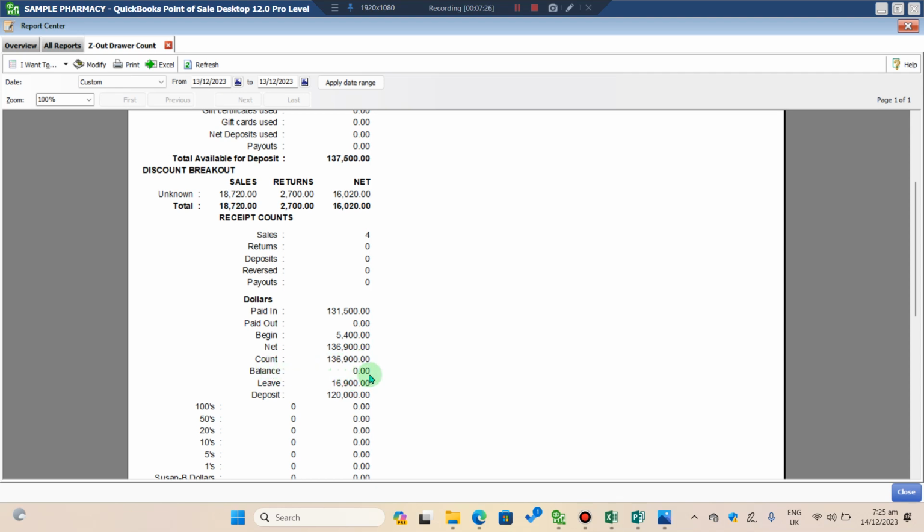So if there be any differences, my overage or my shortages, they will appear here per balance, either positive or negative. And on leave, I left 16,900, the one that I will use tomorrow as the change. So on deposit, it's 120,000.